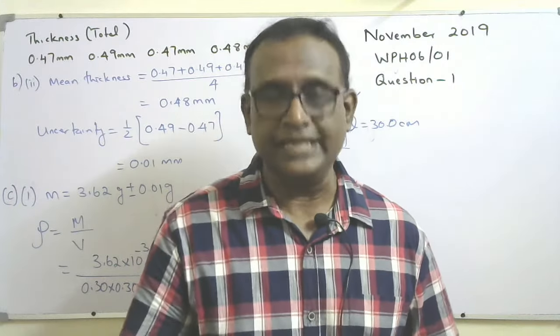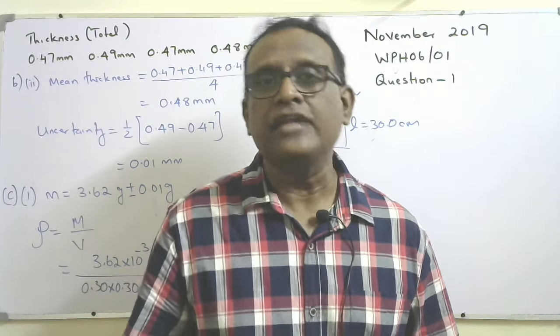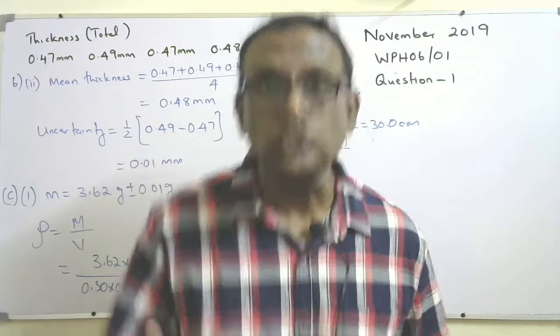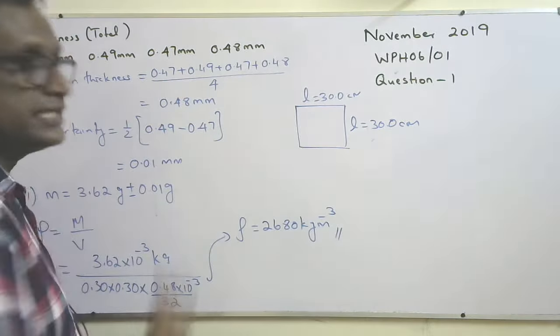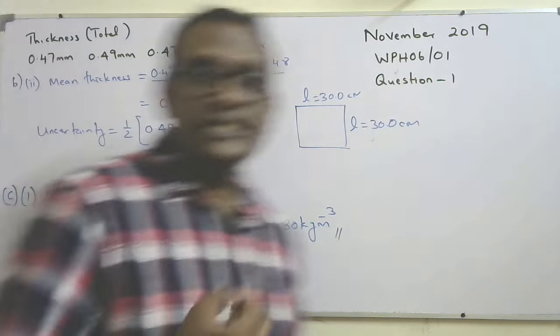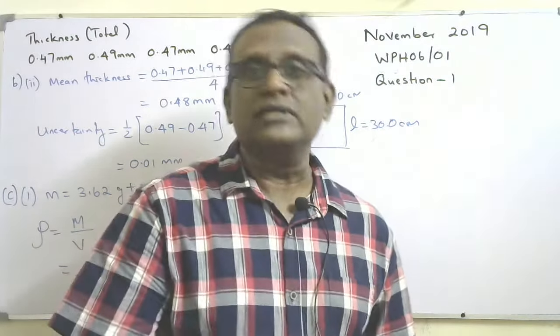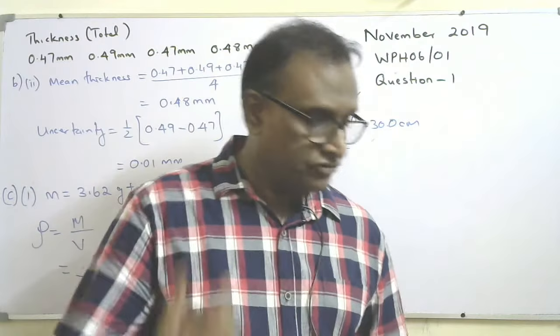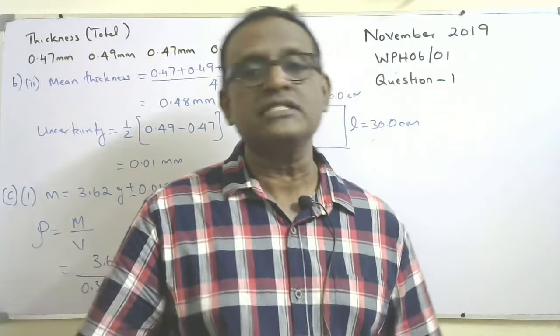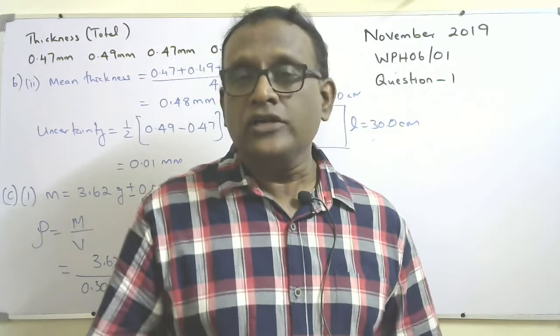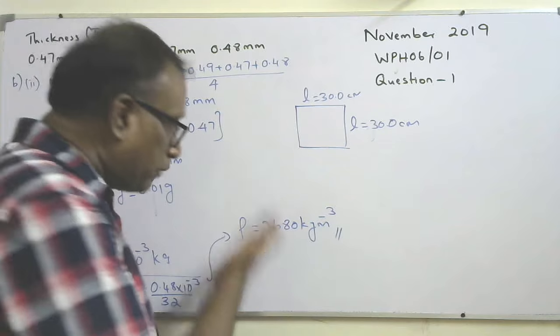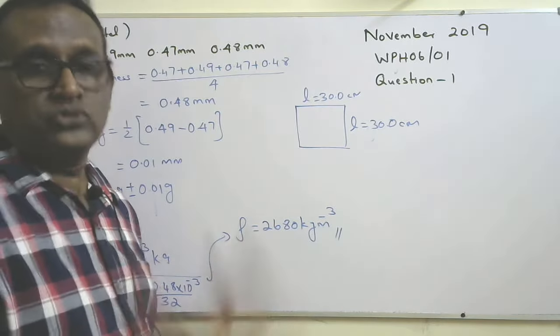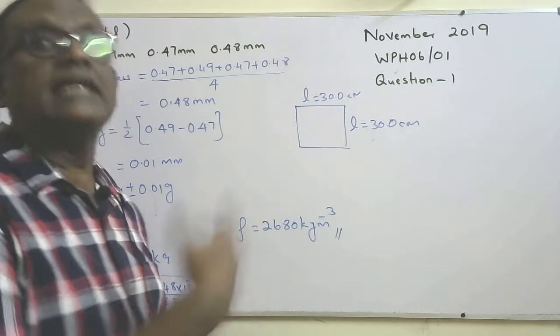You are given a sheet of some metal and you found the density through your experiment. You got, this is the density, you got it. But the density of the aluminium, you have a standard catalog or somewhere, you found the density of aluminium is 2710. So you are going to decide whether my metal sheet, what I used in the laboratory, could it be an aluminium?